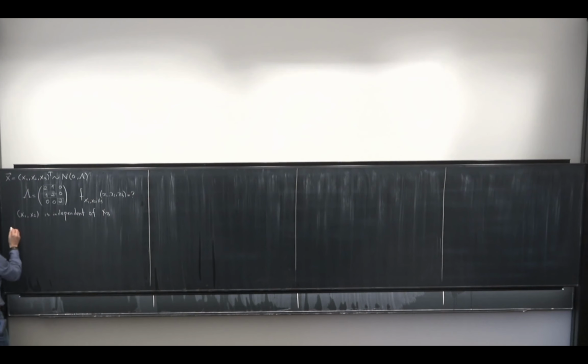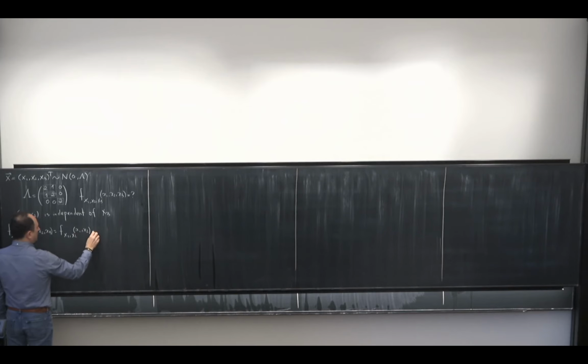It means that if I want to calculate this joint density function, I can write the joint density of the first two multiplied by the density of the last one.